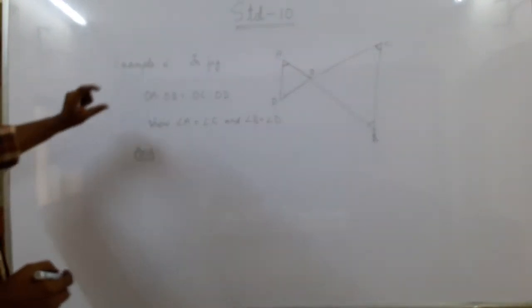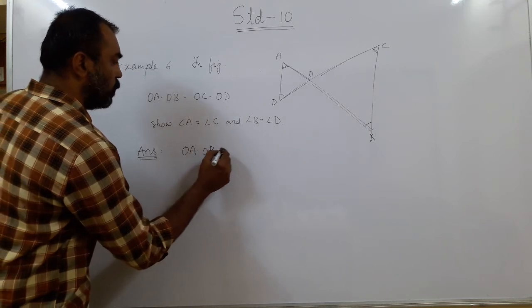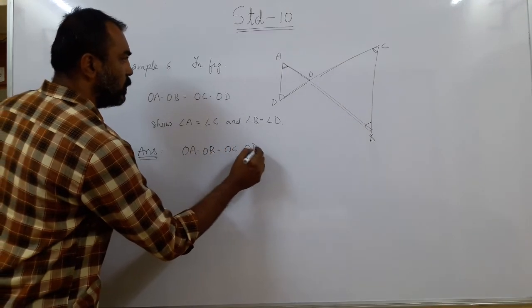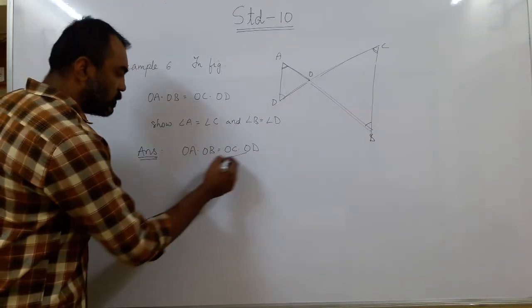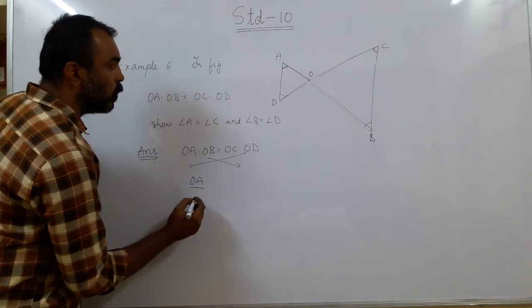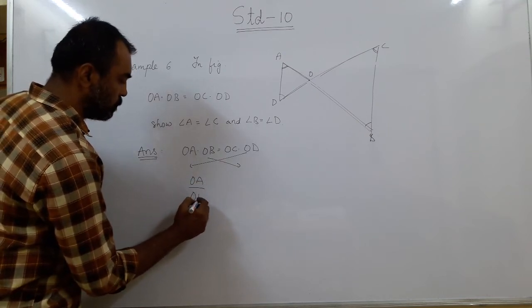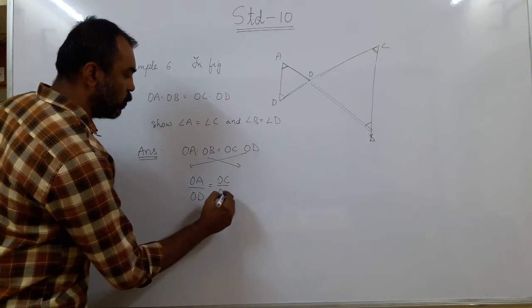Okay? So let us begin. We are given OA into OB equal to OC into OD. So what I do here, I bring this OD down here and OB down here. So I get OA upon OD equal to OC upon OB.